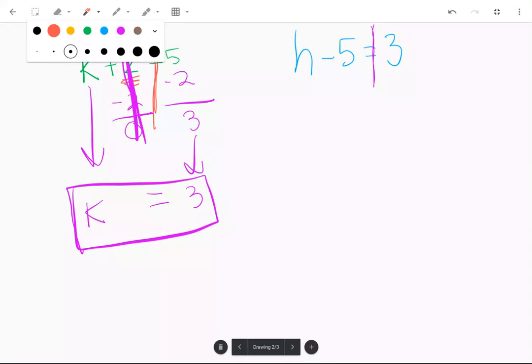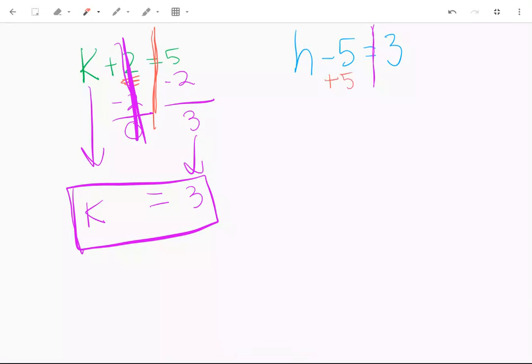We're just going to be thinking about what's the opposite of subtracting 5. Well, if I subtract 5, the opposite would be adding 5. So I'm going to go ahead and add 5 to both sides of the equation. Well, if I start at negative 5 on the number line and I add 5 to it, I get back to 0.